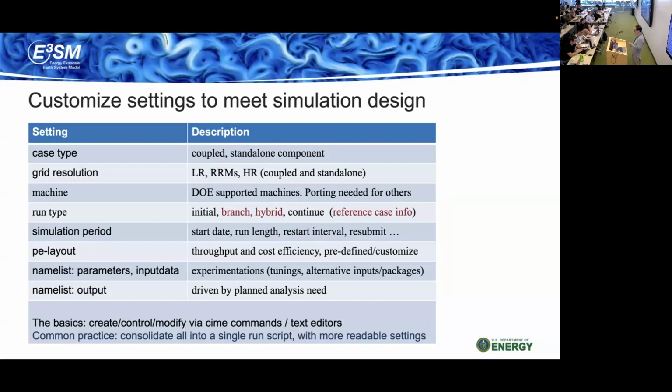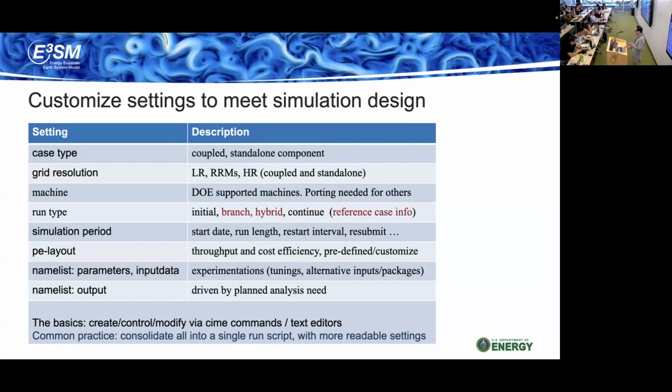The other consideration is cost efficiency, because on smaller node counts you can have, say, perfect linear scaling, but beyond a certain limit it's probably not as perfect anymore, so cost efficiency is something you can take into account. Then the other one is the namelist, and today we'll spend a lot of time on the namelist. That will be for the parameters, input data, and output data.